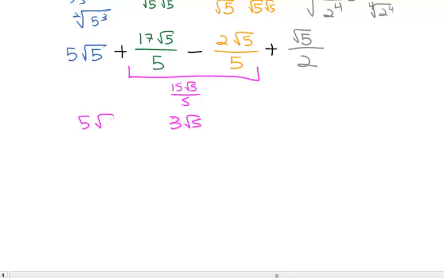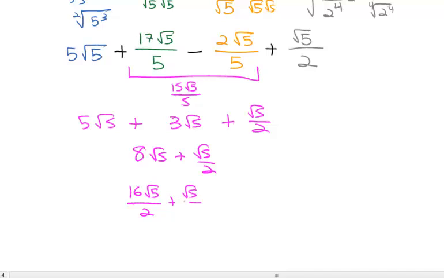So we have 5 root 5 plus 3 root 5 plus root 5 over 2. 5 plus 3 is 8 root 5 plus root 5 over 2. Common denominator, so we can add them, is 16 root 5 over 2 plus root 5 over 2 gives us a final answer of 17 root 5 over 2.